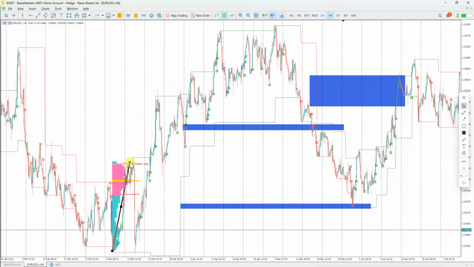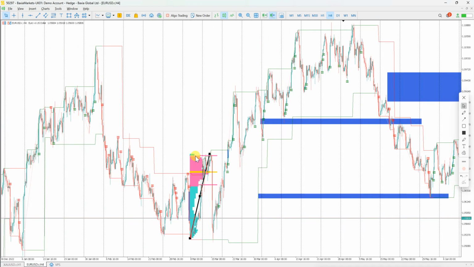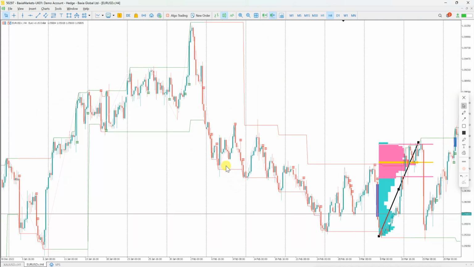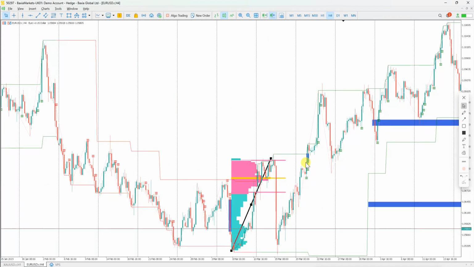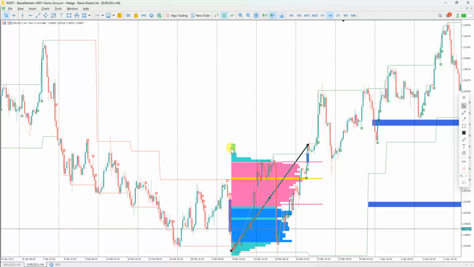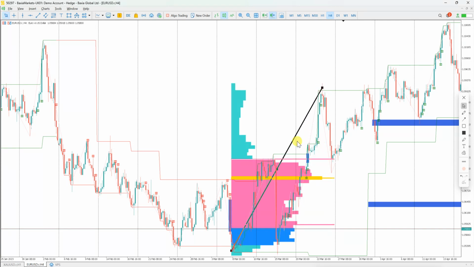Here, let's say this is what we have. Let's say we don't have the future price. Here notice the fair value gap. It appears in the low volume node of the volume profile. Okay, it appears there, and same here, you see.